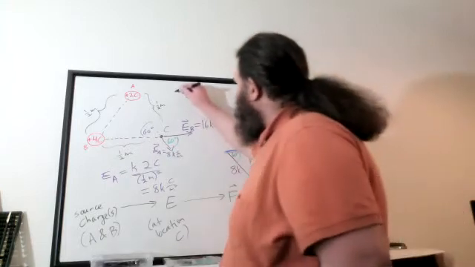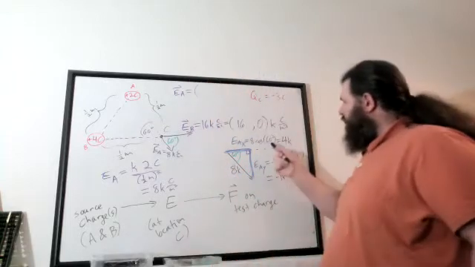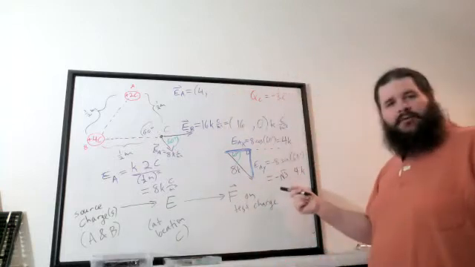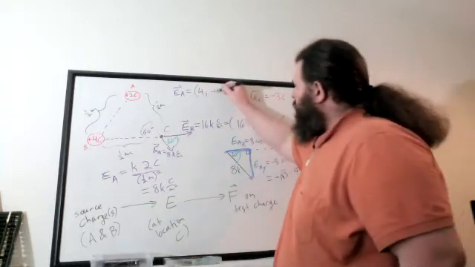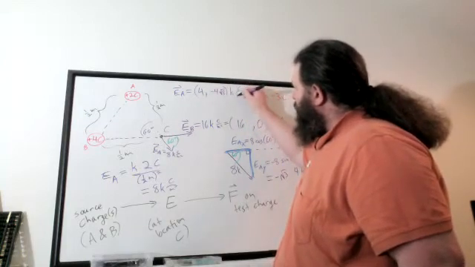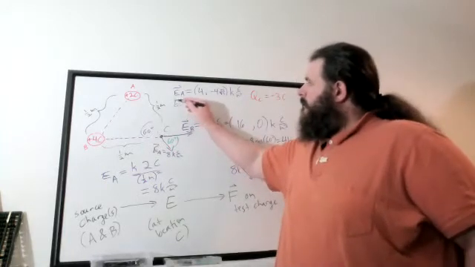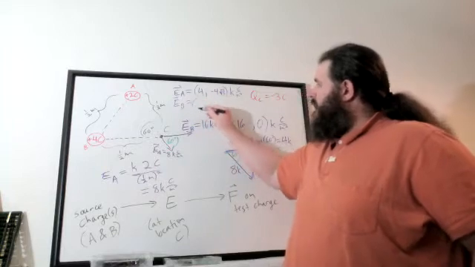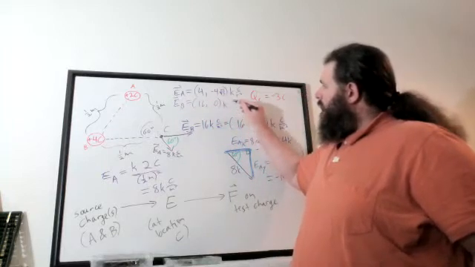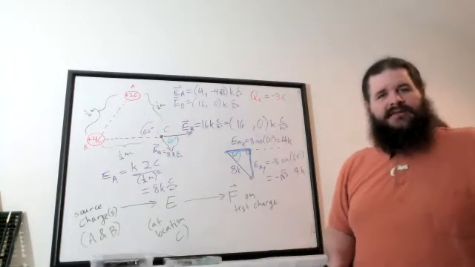We can say EA is X component 4K, Y component negative 4 root 3K. And we can factor out the K also, and then units still coulombs per meter squared. And then EB, we already found, is just 16.0 times the electrical constant, Coulomb meters squared. So we've got the components of both of these.